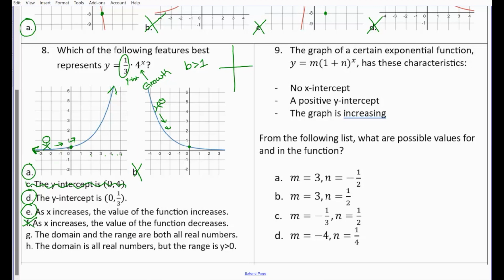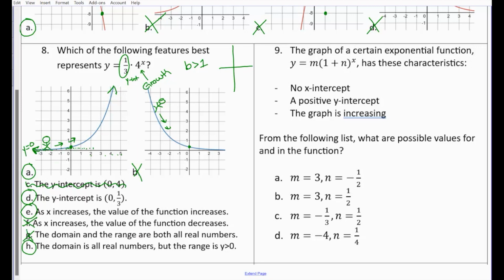But this graph has an asymptote of 0. That means this graph will never cross the 0 threshold. So it does not have a range of all real numbers. H, the domain is all real numbers, but the range is greater than 0. Yeah, my asymptote is 0, so that means every y value has to be greater than 0. So H will be an answer.